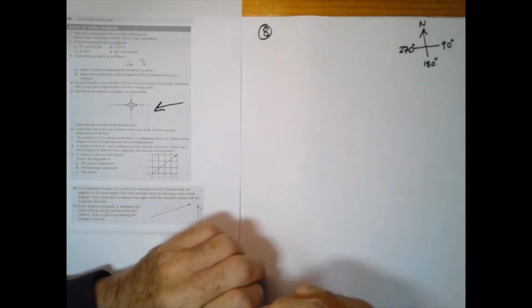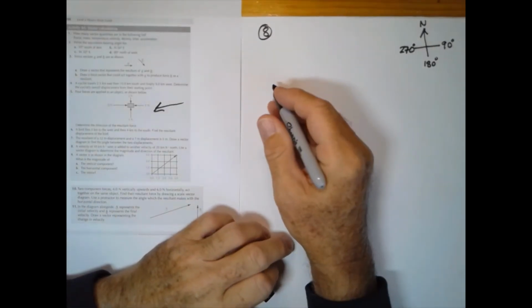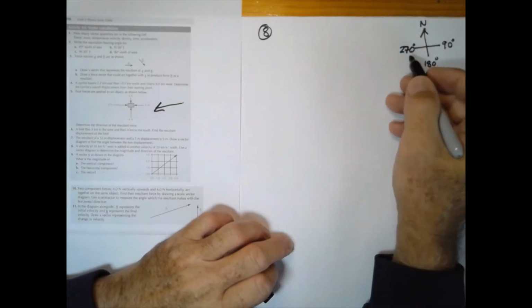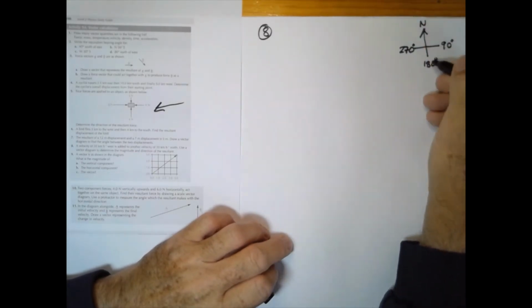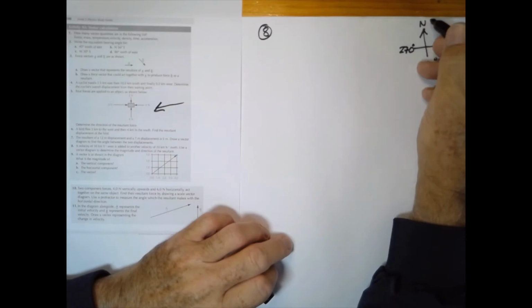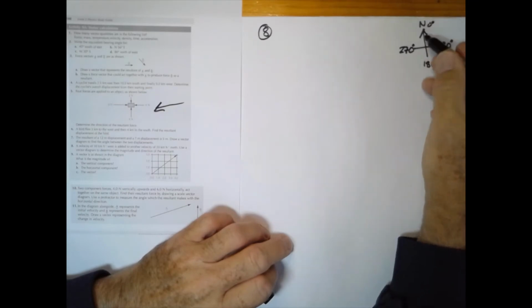Okay, I've missed number 7 out, just moved on to number 8. Remember this again. Here is our bearings. North is 0 degrees, 90, 180 degrees, 270, and back around to 360.